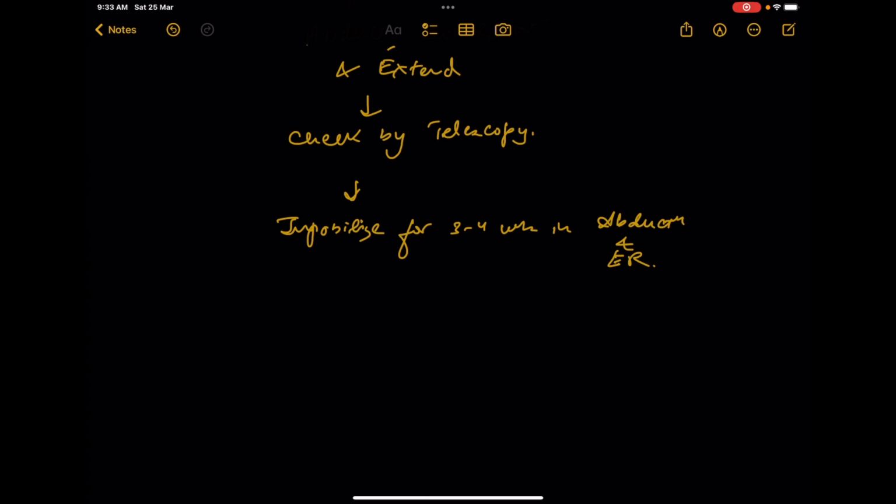Then we will promote gradual weight bearing, first with support, then without support.